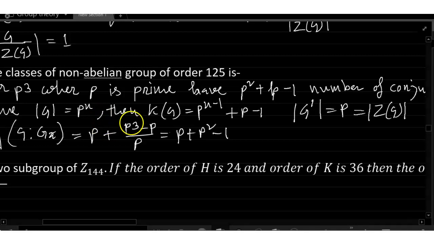So my value: let p equal 5, so it is 5 plus 25 minus 1 equals 29. This is my answer. That is 29.